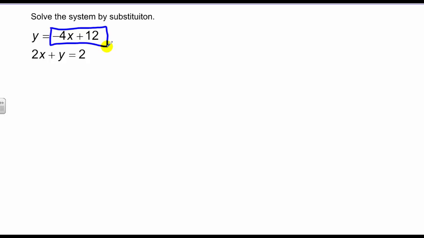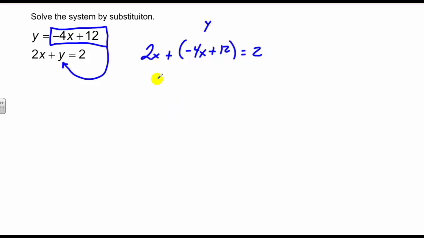I can take that value and substitute it in for y in the bottom equation, so that we have one variable. So what I'll have is 2x plus, and I'll put this in parentheses, although the parentheses really don't mean anything. They're just there to show you what the y equals. So this negative 4x plus 12 we know is y.